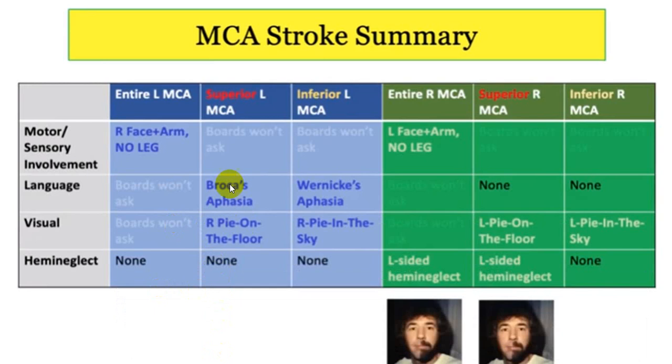There is something wrong in this. Sorry. You can go through it at your leisure time and I'll reconfirm. It is definitely superior branch is Wernicke's area, inferior branch is Broca's area.